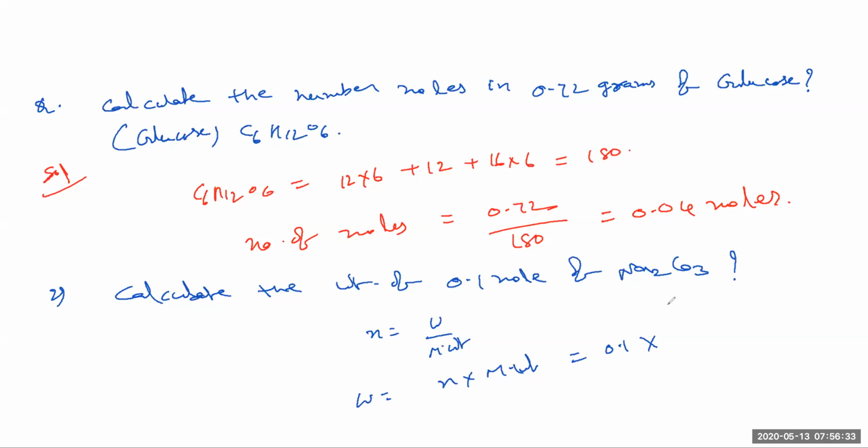Sodium 23 into 2 plus carbon 12 plus oxygen 16 into 3, 48. By adding it becomes 106 only. So 106 multiplied with 0.1, it becomes 10.6 grams. What is the units? Grams. Right, next.